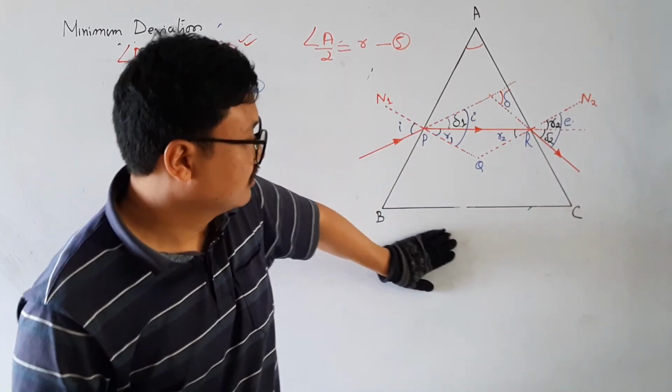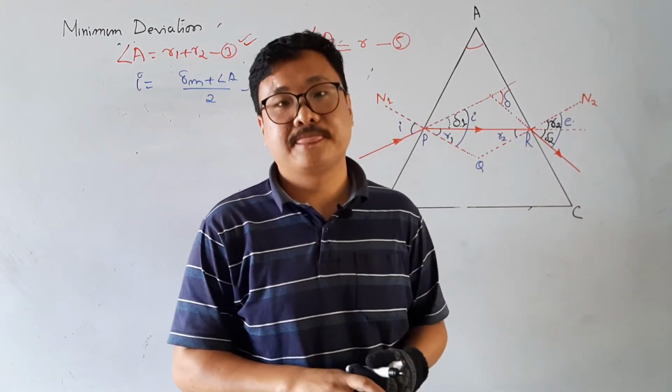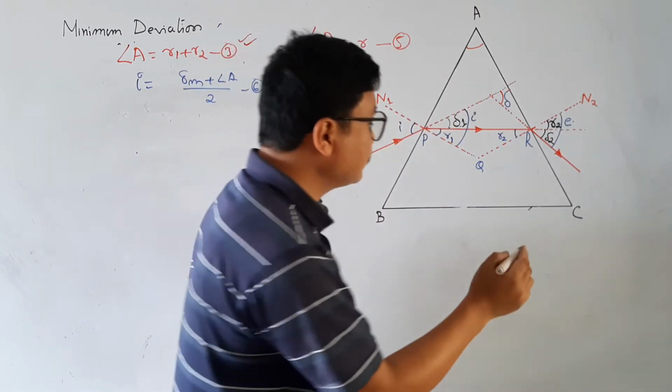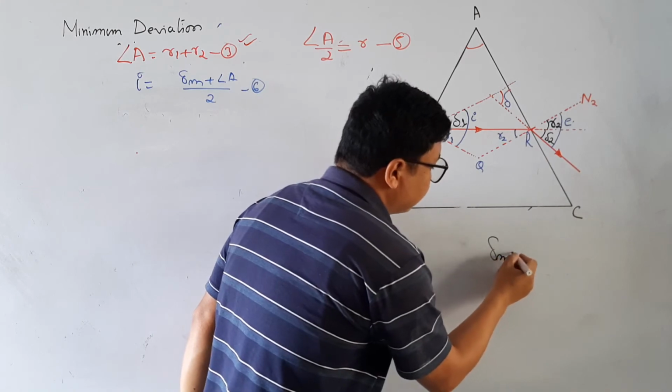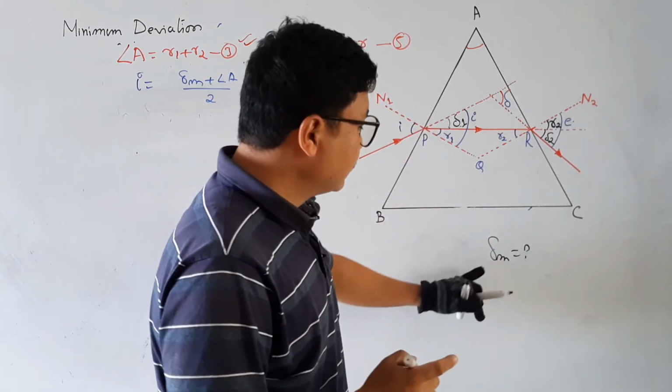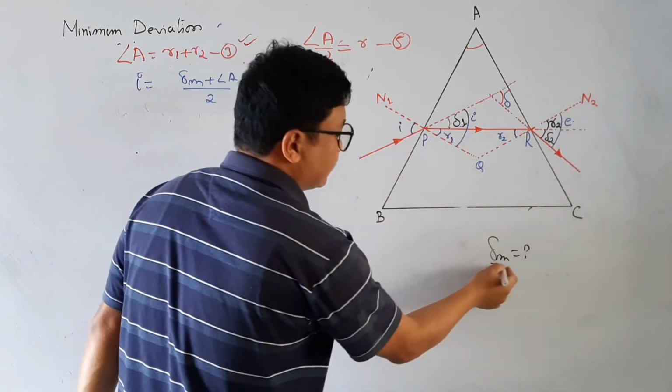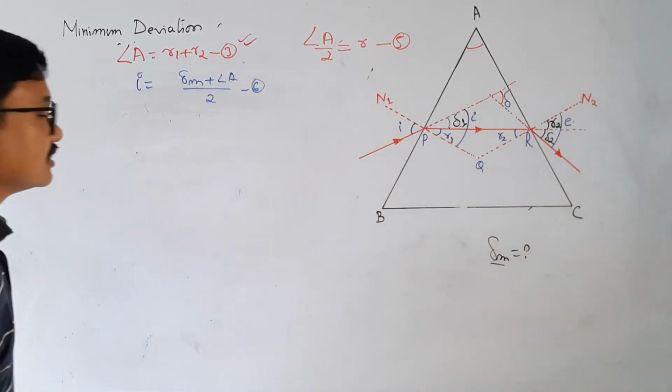Now what we are going to do in the next topic, let us find the refractive index. Our main aim is to find how much delta M is. From the beginning we did so many things to find delta M. Now lastly there is refractive index.